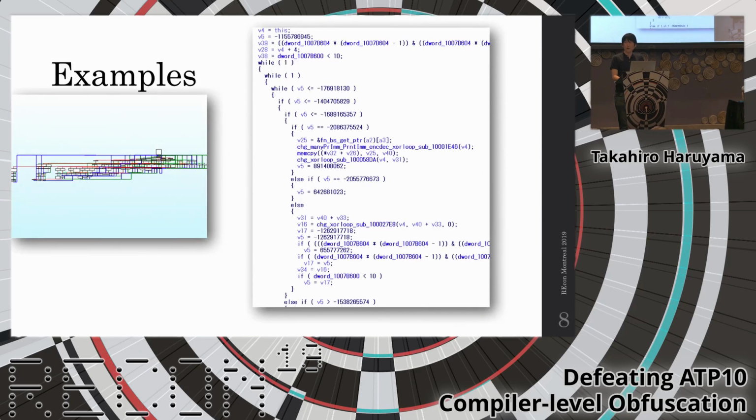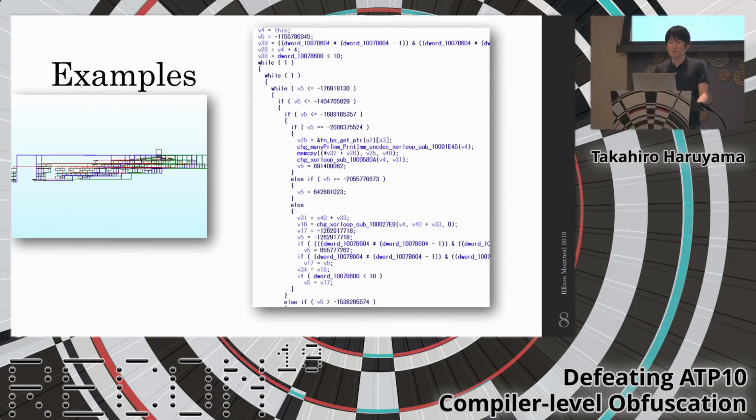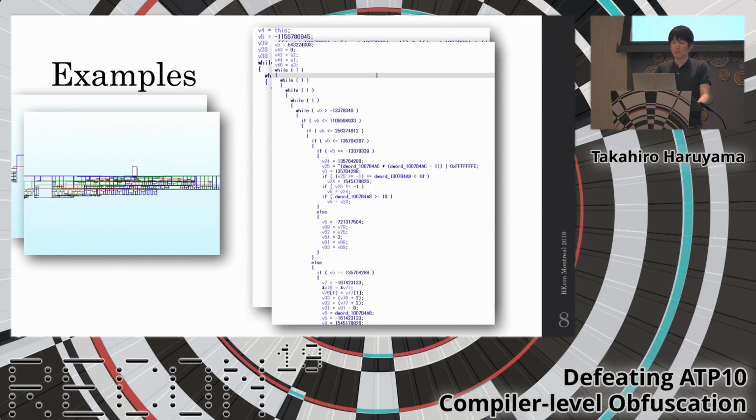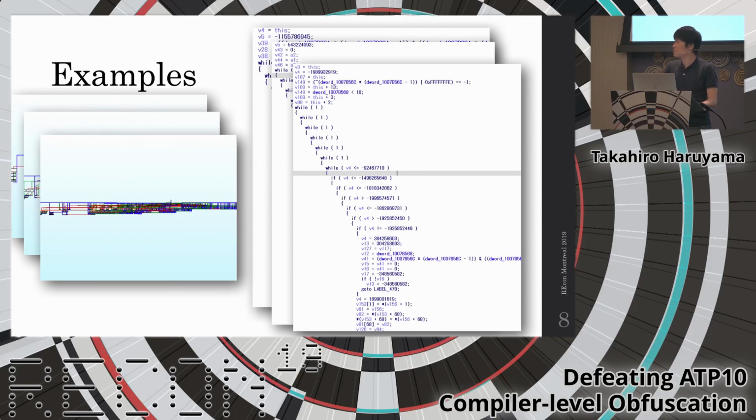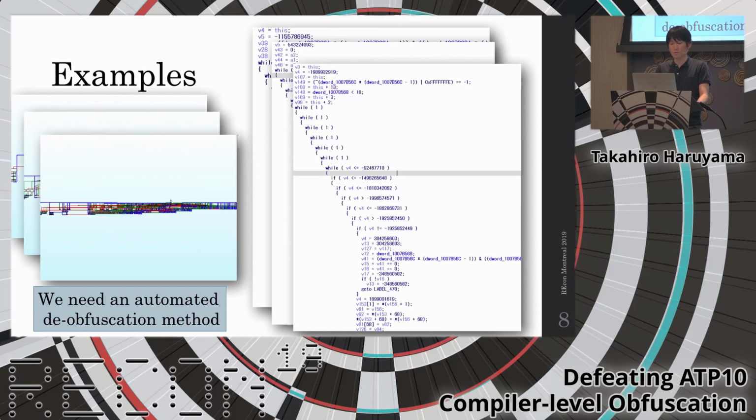The previous function example was very easy, so we can read it manually, but there are more complicated functions like this. Manual analysis for those functions is painful and time-consuming. We need an automated de-obfuscation method.